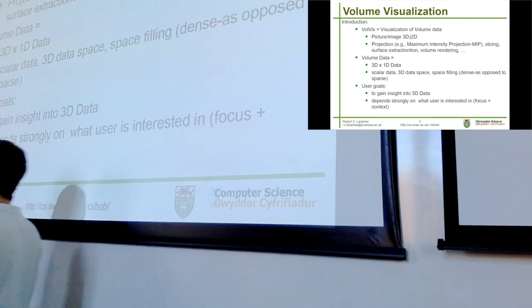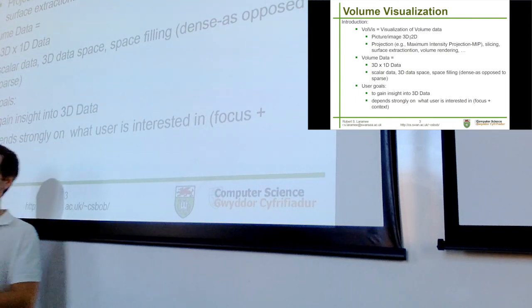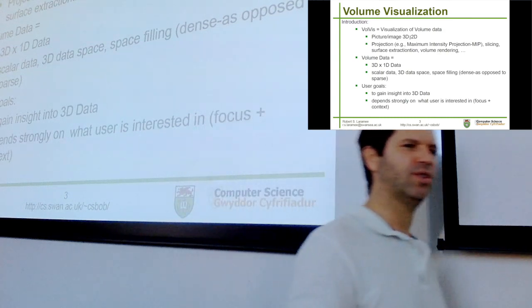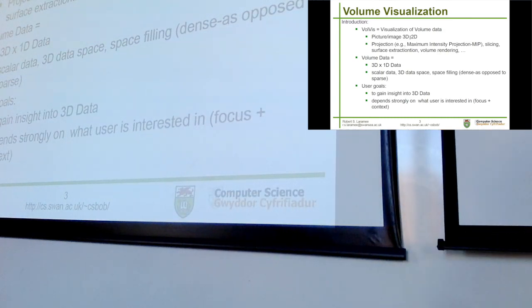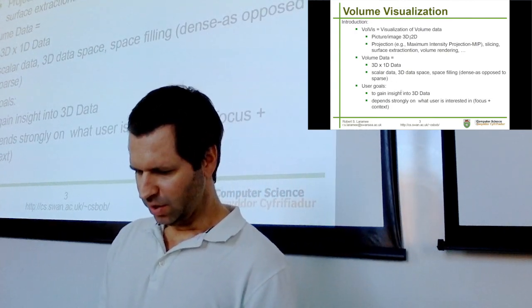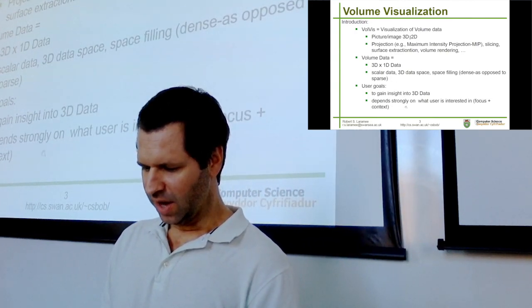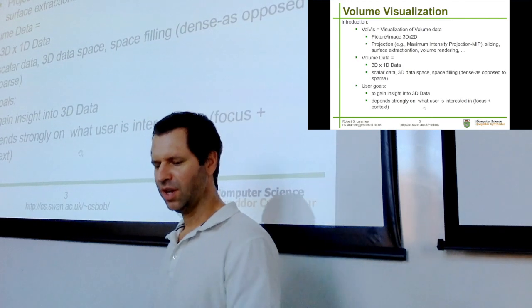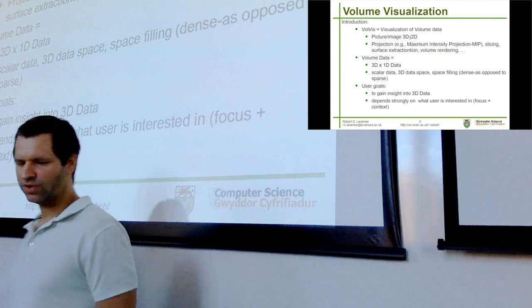So it's 1D in the sense that it's usually just a set of scalars. Right? It's not n-dimensional necessarily, like we said in information visualization. And it's usually dense. And we have to consider what the user is interested in again as well, or focus in context.